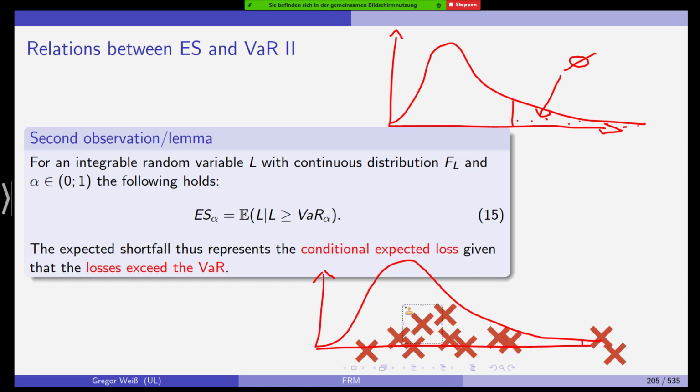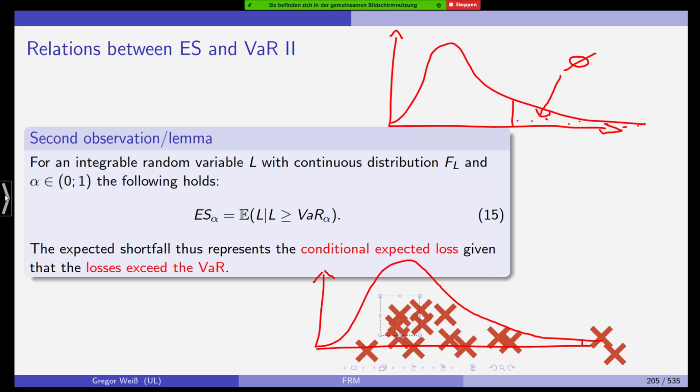From these 99 observations, I can calculate value at risk, or actually I can use all 100 to calculate value at risk, but the estimation of expected shortfall is based on 1 or 2 observations. So this is a huge problem because you are looking at the conditional expectation.